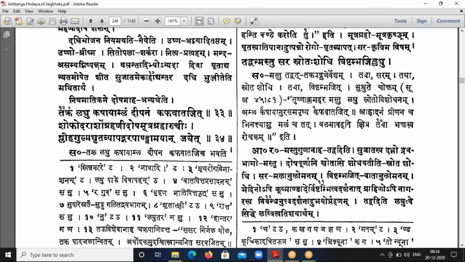Gulma pleha kridavyapat gara pandwamayanjed. Again, pandu can be a result of inappropriate use of dadhi, and here it can treat pandu.